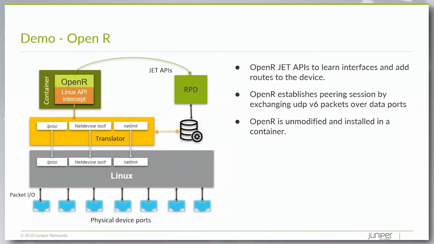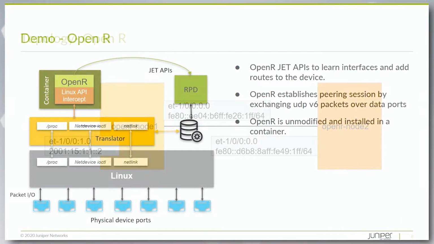Now it's going to exchange routes with its peers over the TCP connection, and once the exchange is done and routes are learned, it would want to install those routes to the RPD's route table and eventually the forwarding table. That again happens through the JET APIs. OpenR communicates with RPD through JET API and informs it that these are the learned routes and I would want them to be present in the route table so that forwarding is affected by OpenR learned routes.